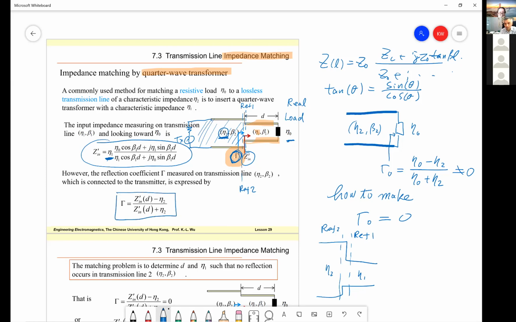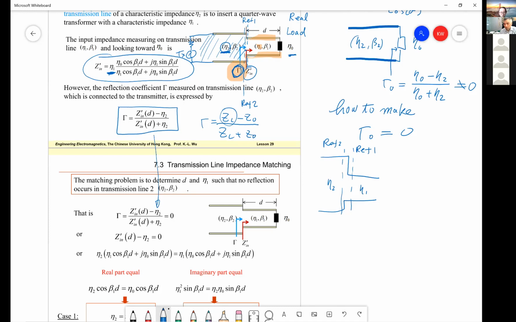This is not a surprise, we have used this many times, but before they were not necessarily real. Right now this load is the actual one I observe toward the load at this junction, but standing in eta 1 transmission line. So this is my reflection coefficient.